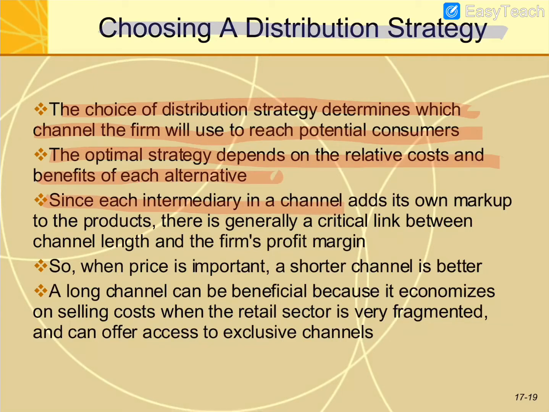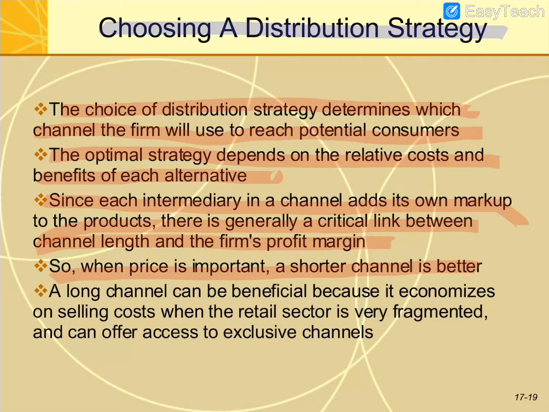Since each intermediary in the channel adds its own markup to the product, there is generally a critical link between channel length and the firm's profit margin. So when the price is important, a shorter channel is better. Nowadays, if you have a lot of channels in between, they are going to affect the price.